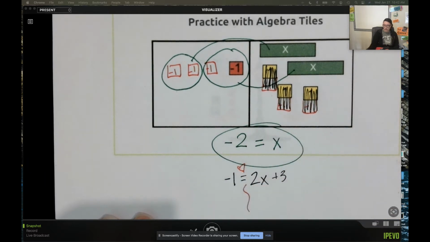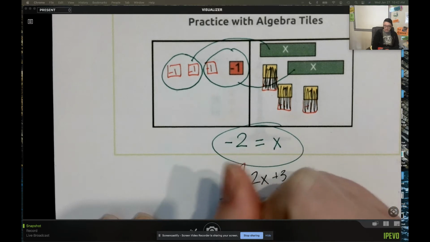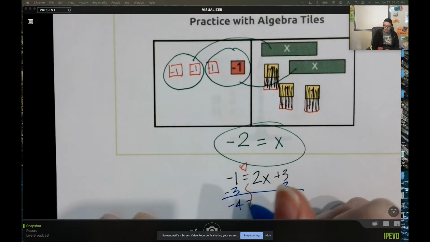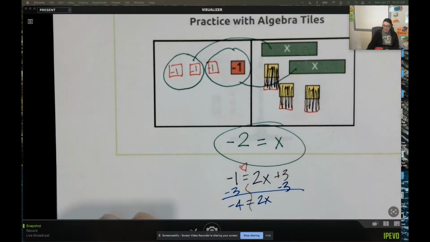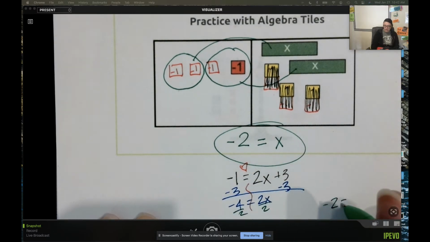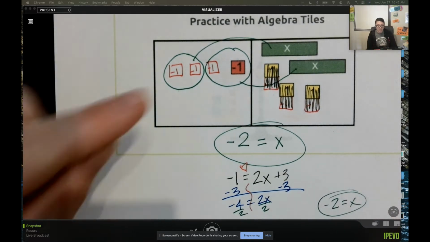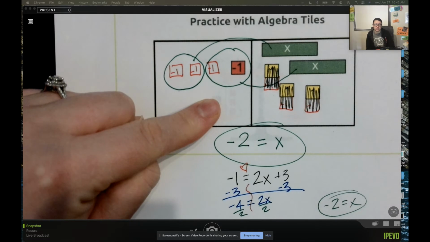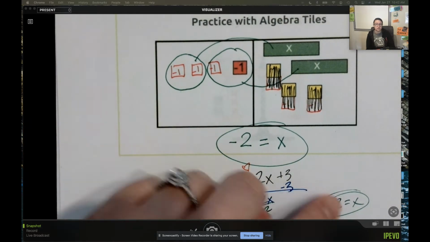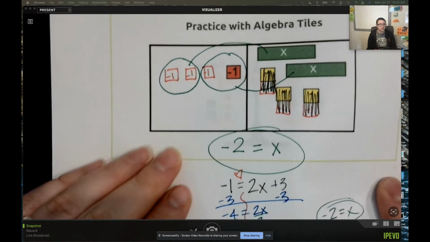You subtract 3 from both sides, you get that -4 is equal to 2x, divide both sides by 2, and you get that -2 is equal to x that way as well. Either way works. If you like the visual piece, use the algebra tiles. But if not, you can just turn the algebra tiles into the algorithm to solve.